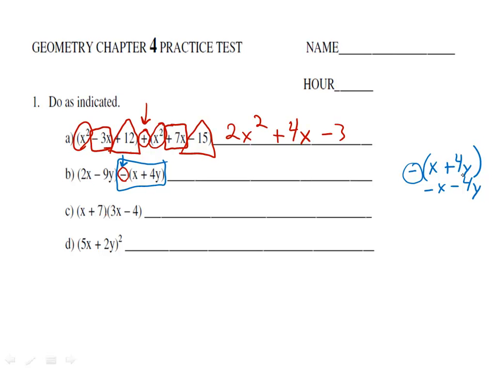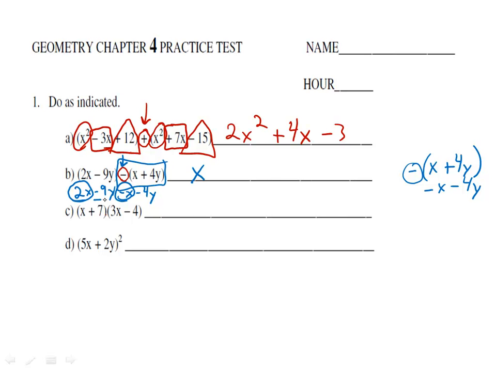Well, the same thing happens here. Now once we've done that, then it's just like the first one. Now we can just combine our like terms and be done with it. And you see you have 2x and negative 1x. That goes together to make x.